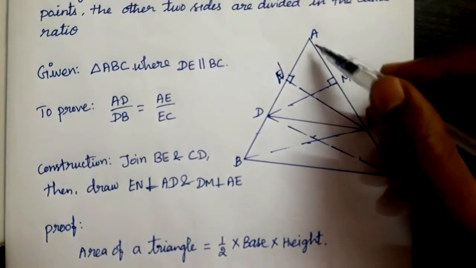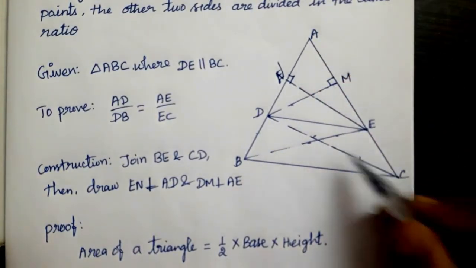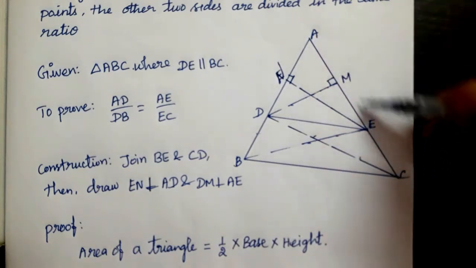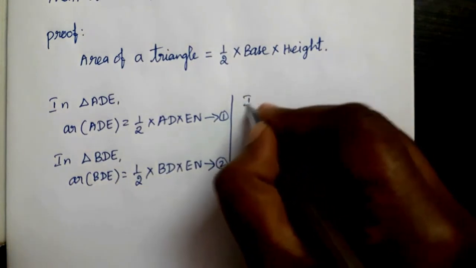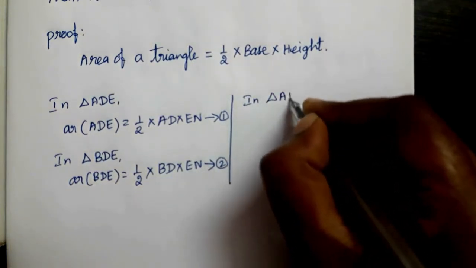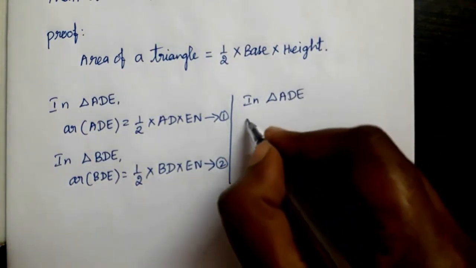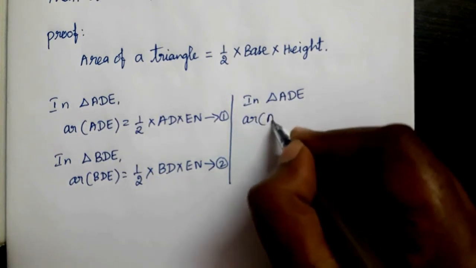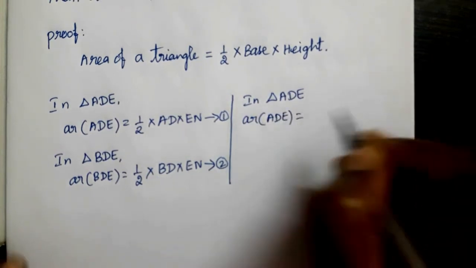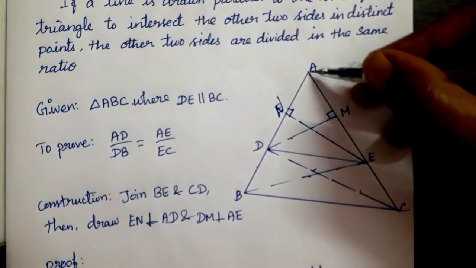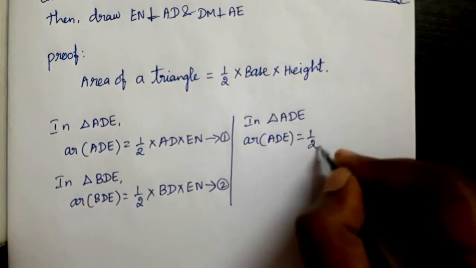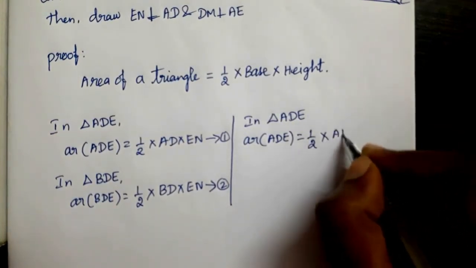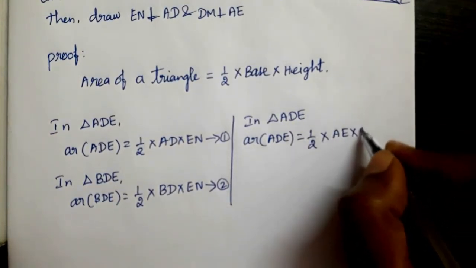Now let us consider triangles ADE and CDE, taking the base on this side. In triangle ADE, area equals half into base AE into perpendicular height DM.